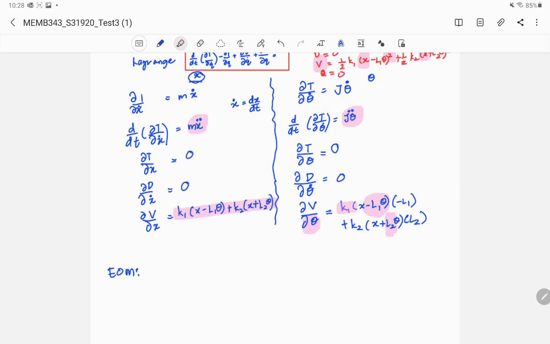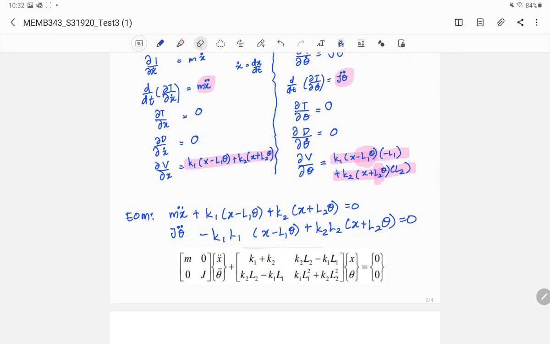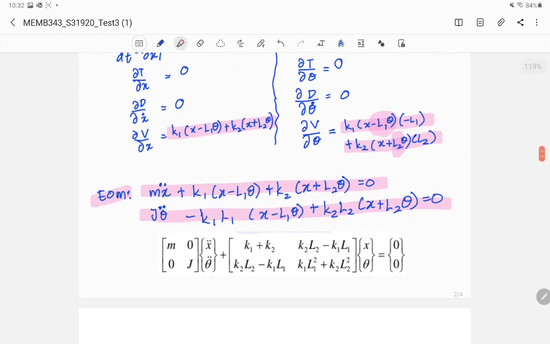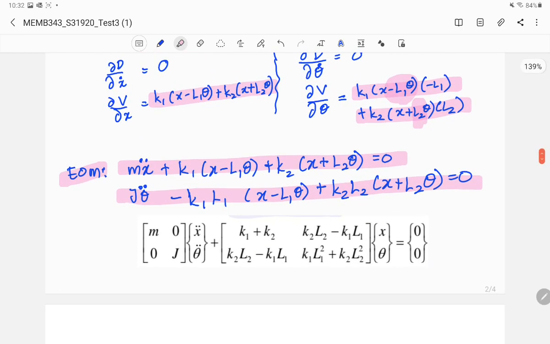If you add those terms highlighted in pink, you will actually get the EOM. The first one is given by this equation, and then you have the J theta double dot equation. From there you can also check in the question whether it's correct or not.